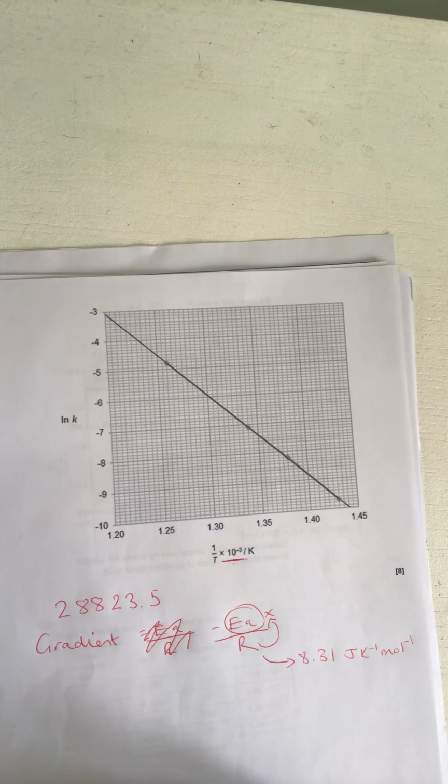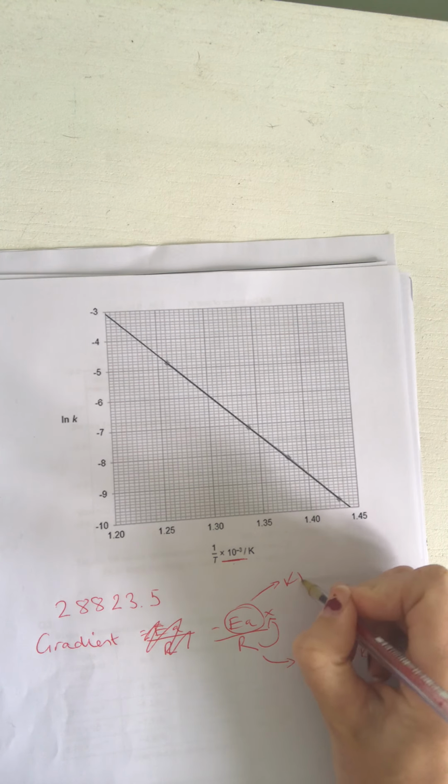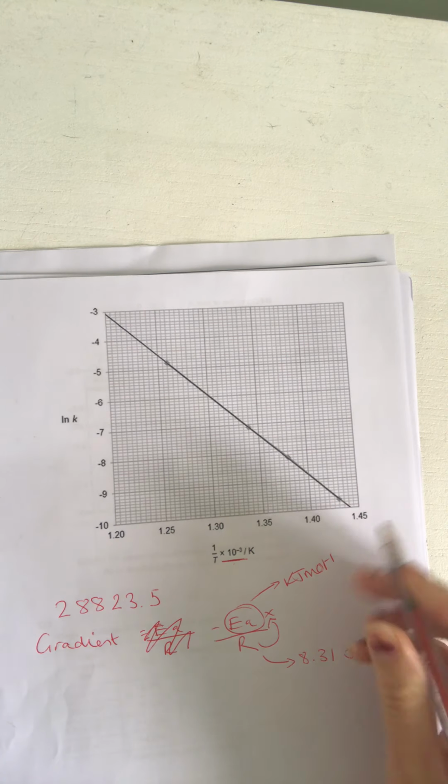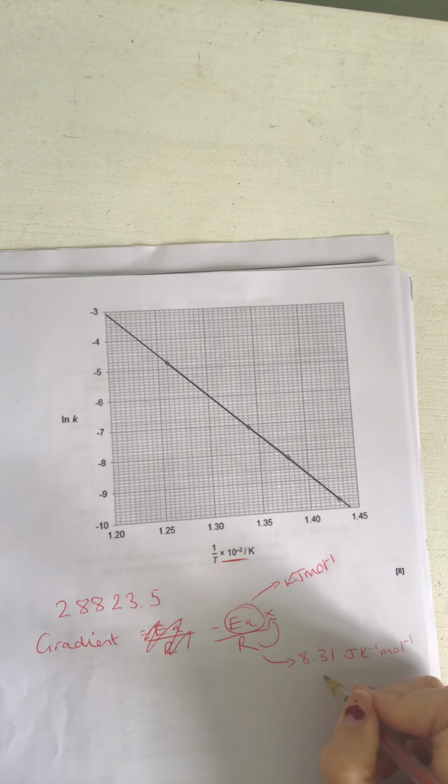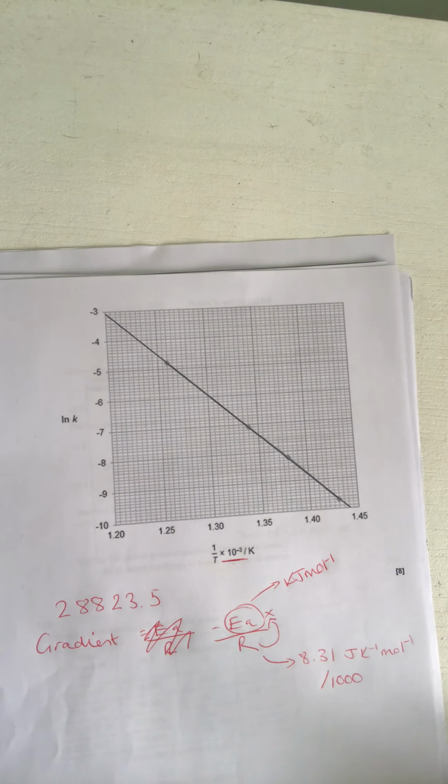What is activation energy measured in? Activation energy is measured in kilojoules per mole. So we are going to need to divide by 1,000.